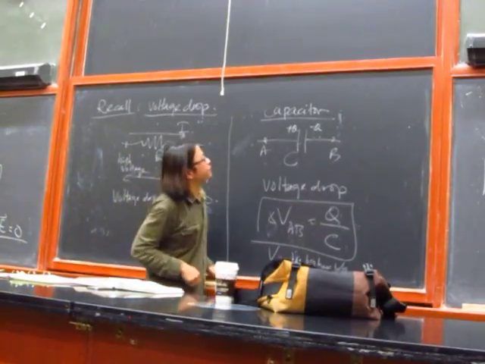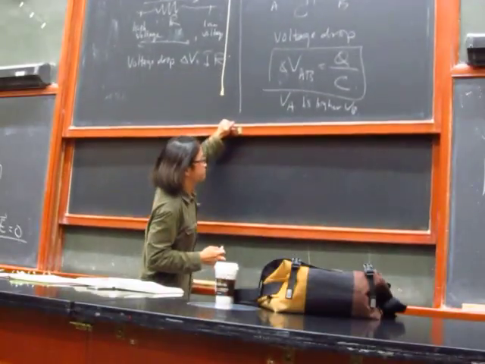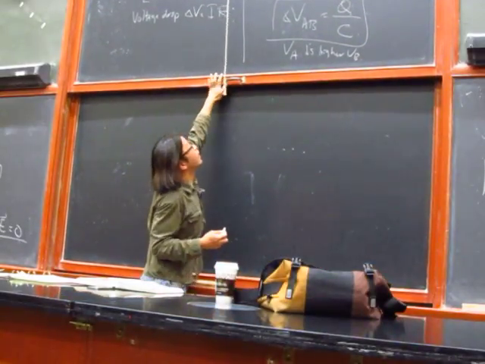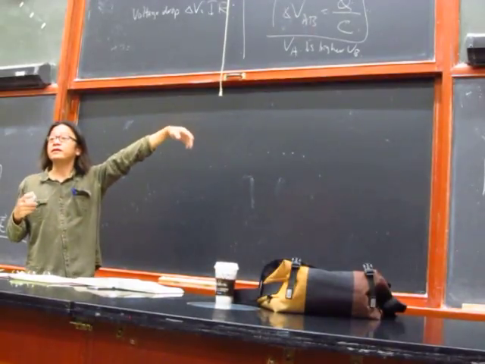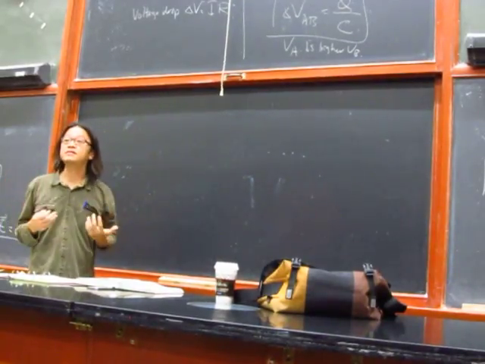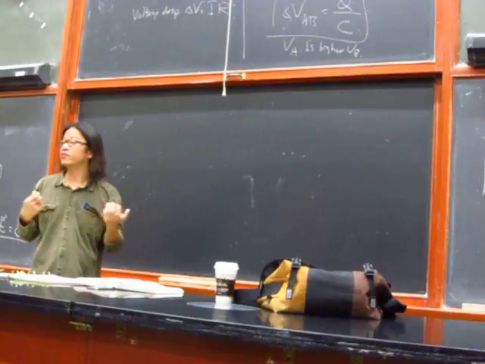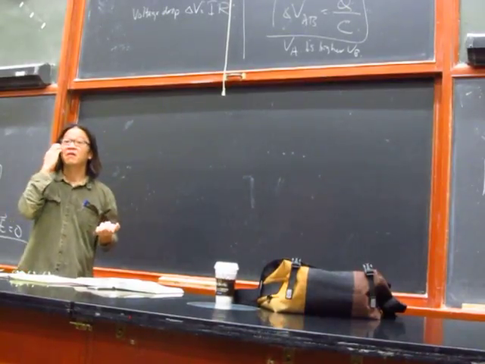So let's do an example. By the way, you can do the same thing with capacitors in series and capacitors in parallel. I don't know if you guys have done this before.